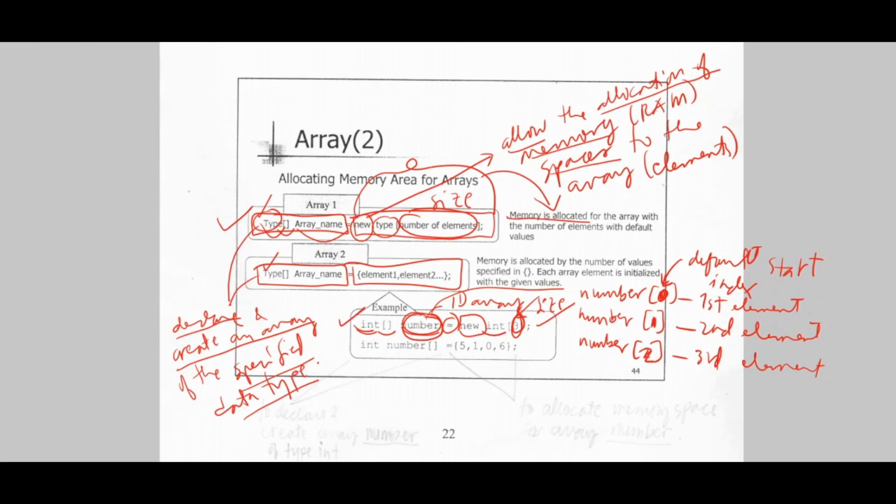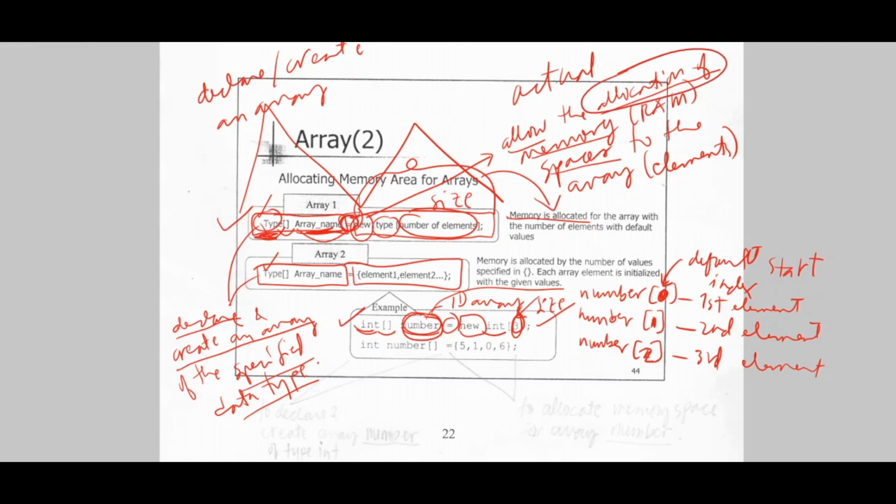What is done on the left side of the assignment operator is just to declare or create an array with the specified name and the specified data type, while what is done on the right side of the assignment operator is the actual memory allocation of the elements. Okay, another syntax would be this one.